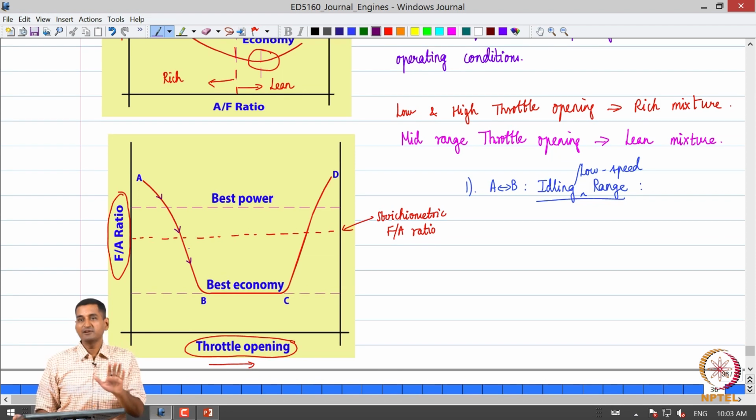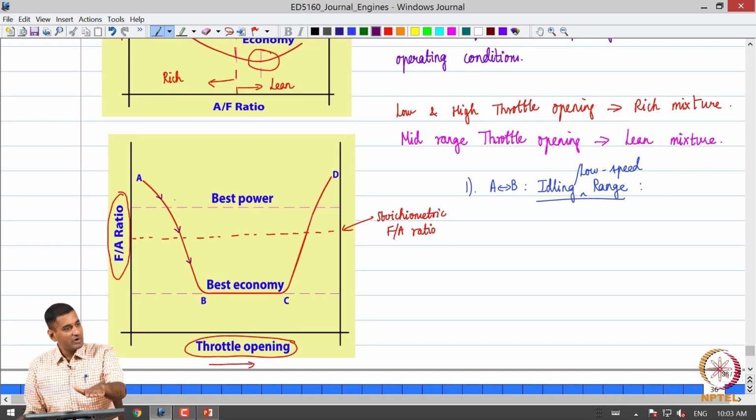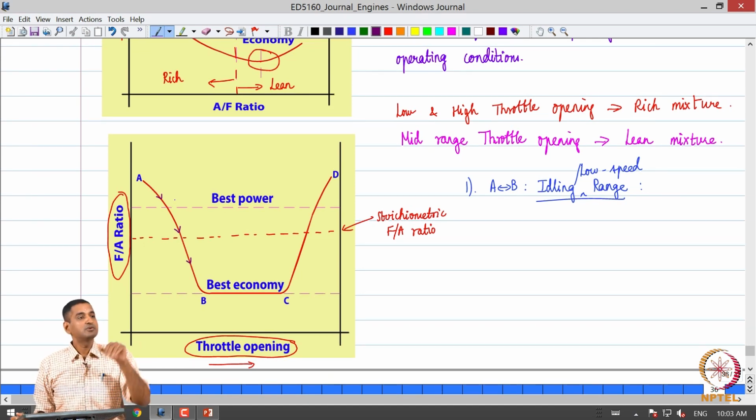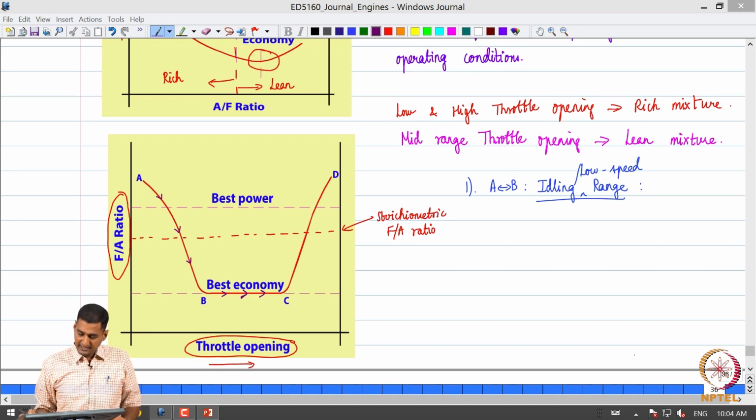So, from idling we are essentially accelerating. During the initial phase we want a rich mixture which gets progressively leaner as we keep on pressing the throttle pedal. And let us say I go to a constant cruising speed, then we settle down into a leaner range where we get the best economy.